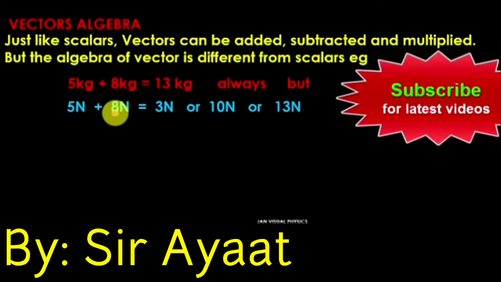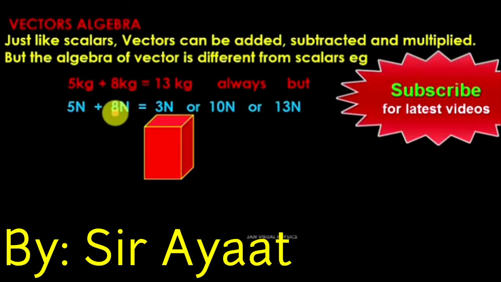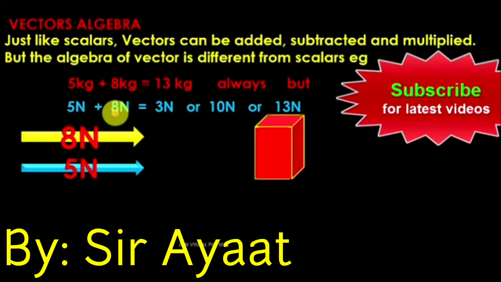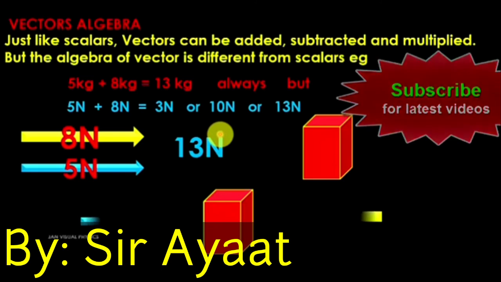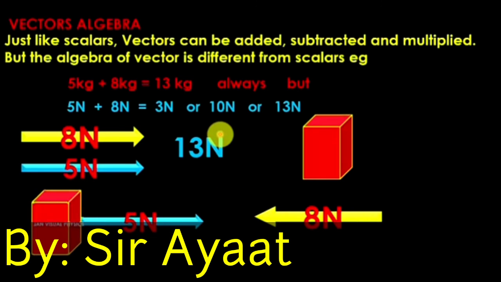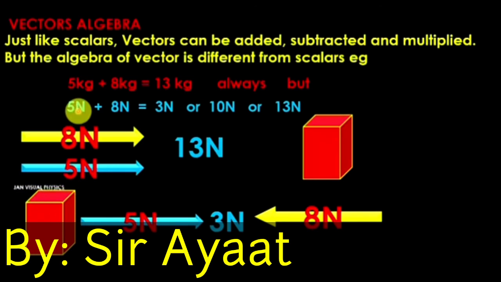Or if both the quantities, like two vehicles, are moving in opposite directions, and we are going to find their displacement, as we know the displacement is a vector quantity, then if their direction is opposite, we will subtract one quantity from another. For example, 8 minus 5, the result will be 3 Newton.